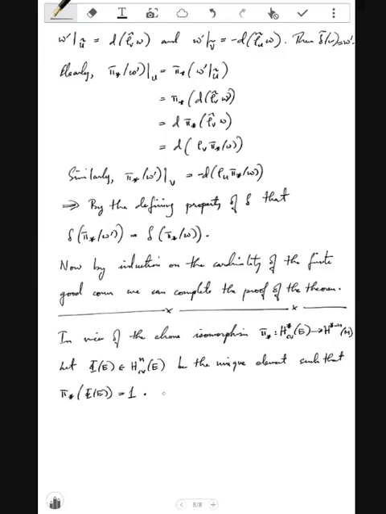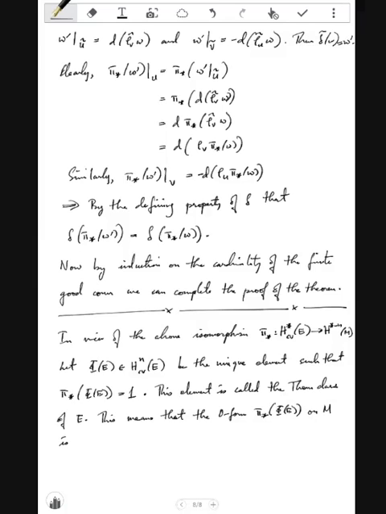This element is called the Thom class of E. So what this means is that the zero form pi lower star phi of E on M is the constant function one.